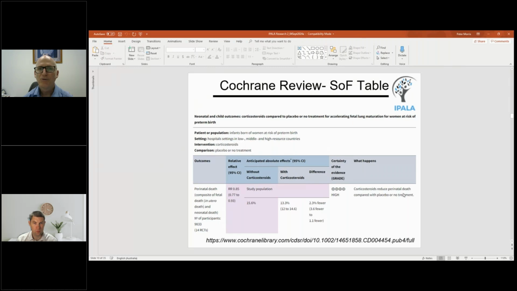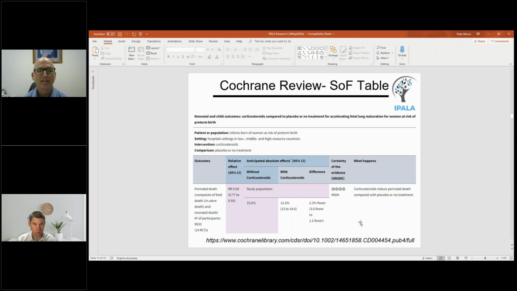So in the Cochrane reviews, they also have a summary of findings table. This will be too small to read, but this is the summary of findings table, looking at perinatal death. It's in the PICO format, so it's women at risk of preterm birth, setting was hospitals, intervention was corticosteroids, and the comparison group were placebo or no treatments.